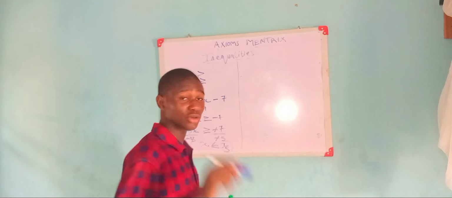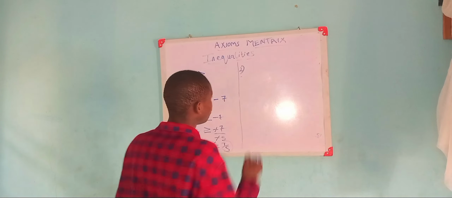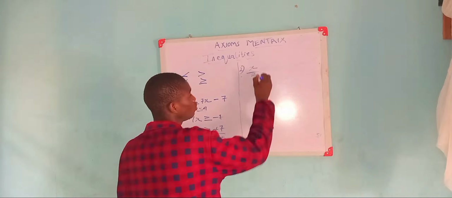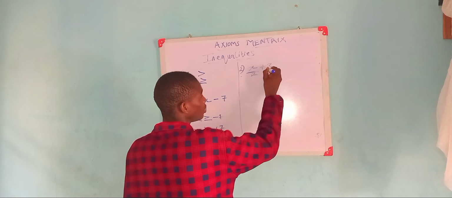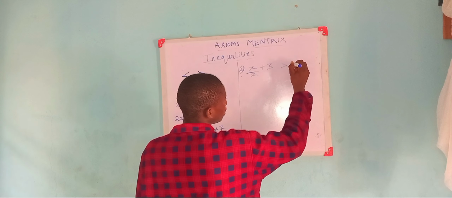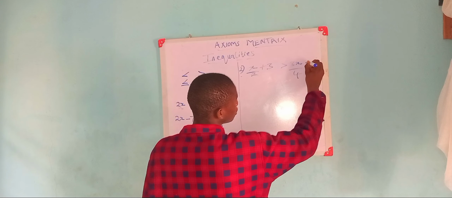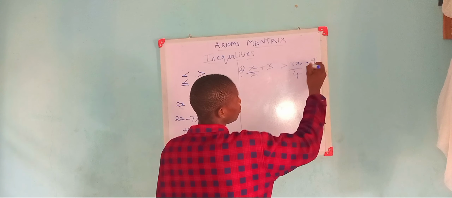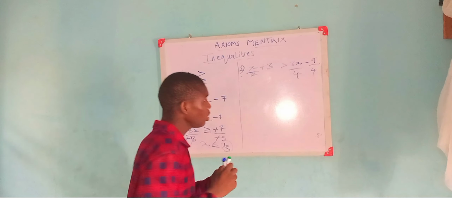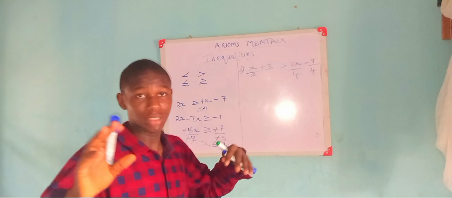Now we're going to the second question, and it goes like this. If I have x over 2 plus 3 is greater than, let's say, 3x over 4 minus 9 over 4. If you look at this question, it is more like a linear equation in terms of fractions.